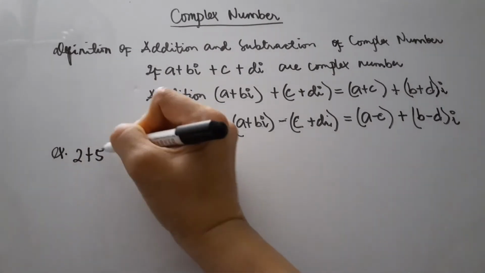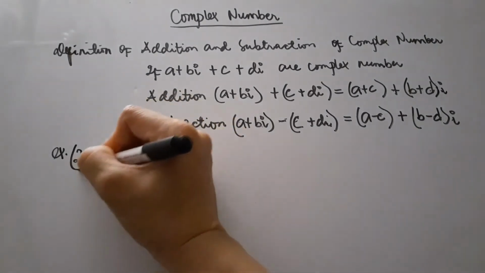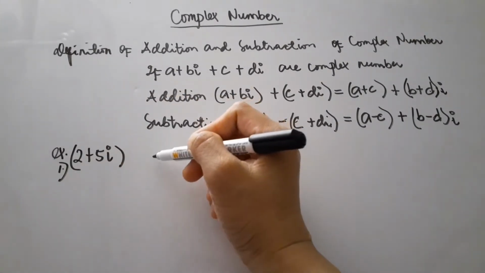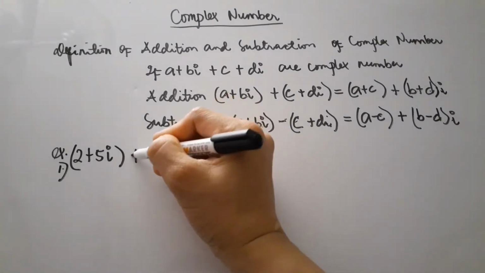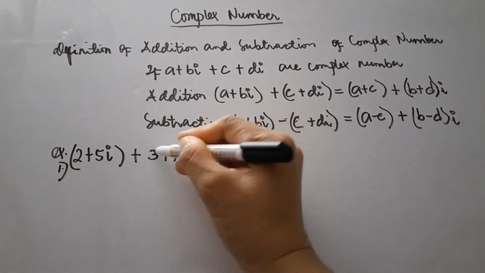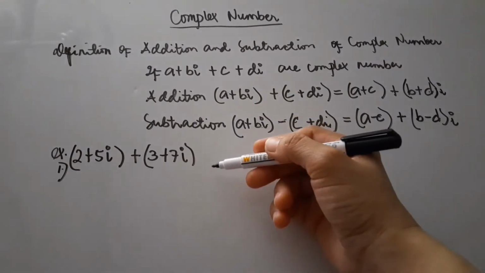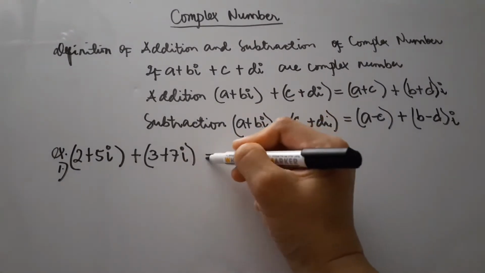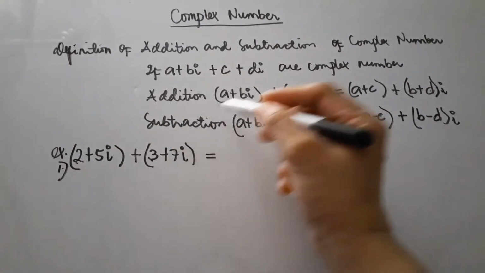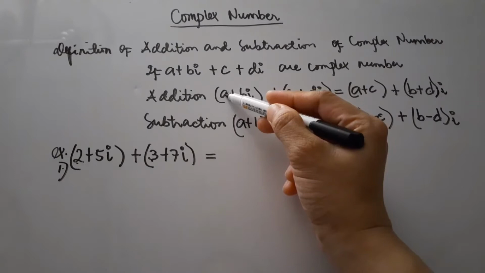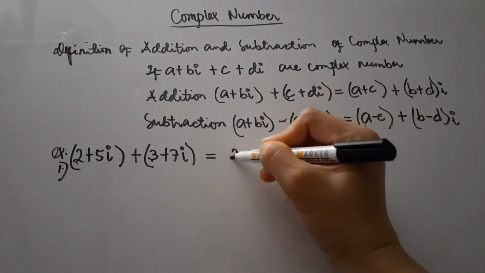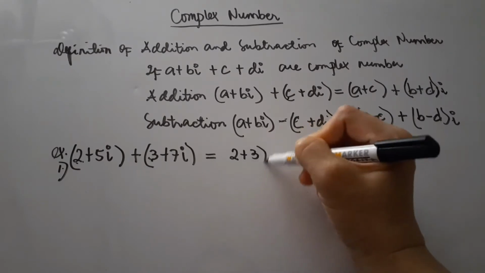And then we have an example: 2 plus 5i, number 1, plus 3 plus 7i. So in addition, we collect a and c, which is 2 plus 3.